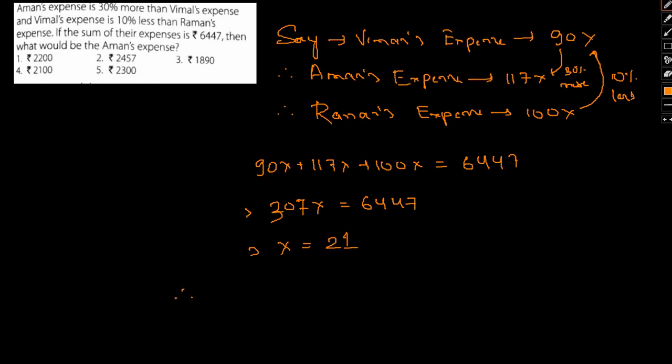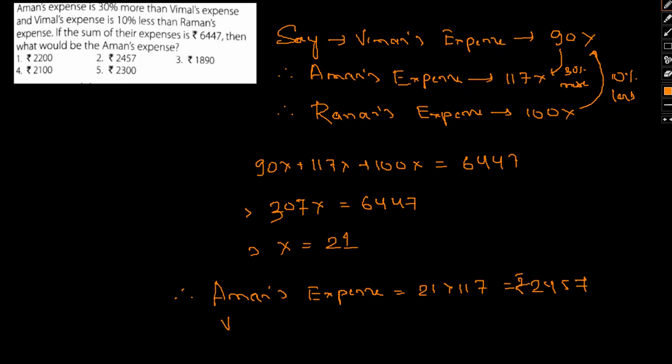So Aman's expense would simply be 21 into 117, that is 2457 rupees.